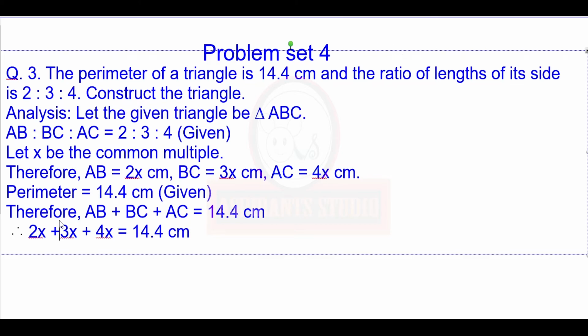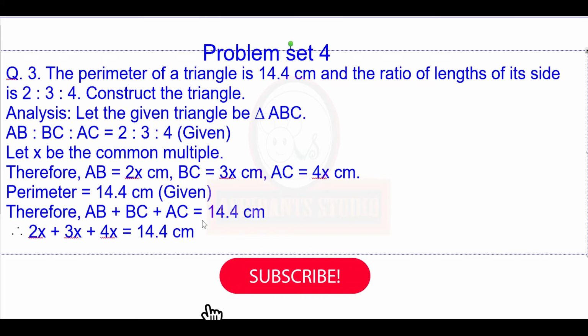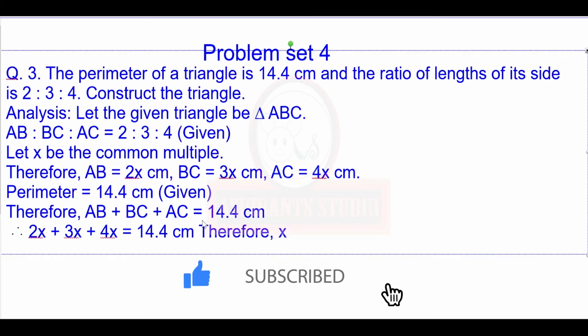Now, add the left hand side. 2 plus 3 plus 4 is 9. So, 2x plus 3x plus 4x will be 9x. Therefore, 9x is equal to 14.4 centimeters. You have to find out the value of x. 9x means 9 multiplied by x.